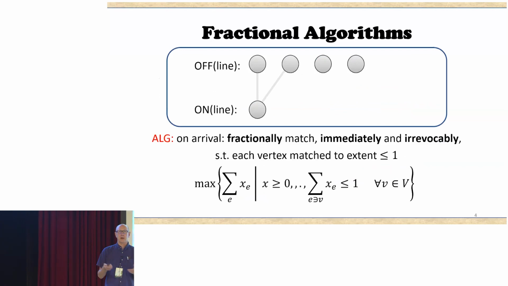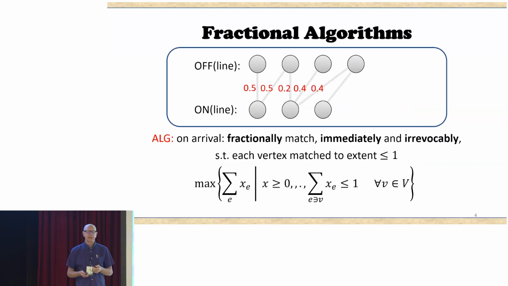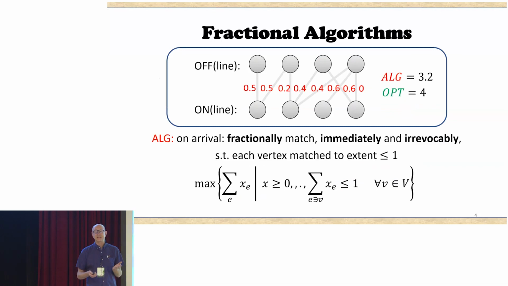This is the polytope defined by the fractional relaxation, where the sum of the x's adjacent to any vertex is at most 1. This is just an example of a fractional solution, and in this example, the algorithm is capable of getting 3.2, and OPT is still 4.